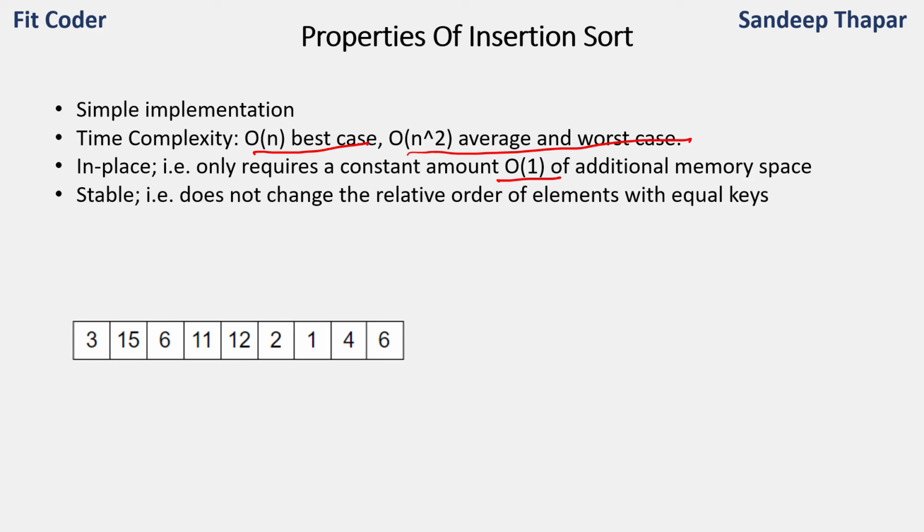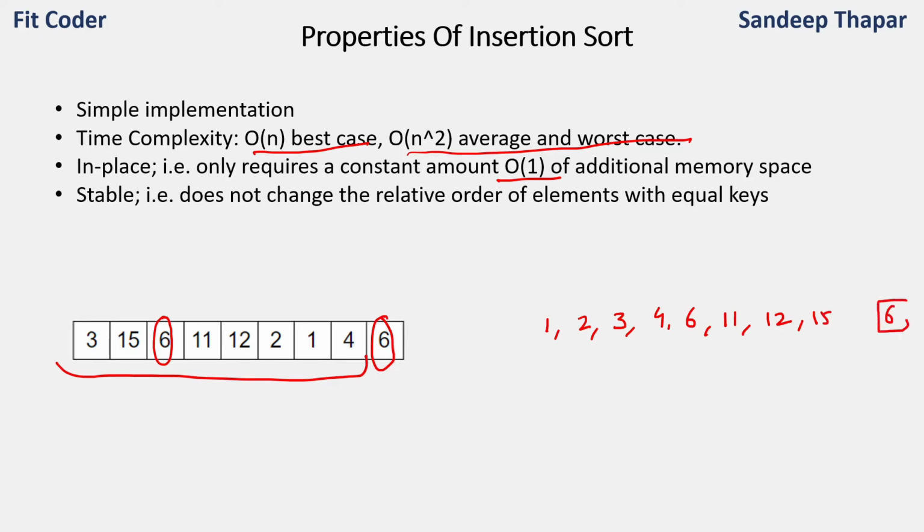So this is stable also. That means it does not change the relative order of elements with equal keys. So we can see in this example that there are two elements with equal keys, which is 6. So when the first part is sorted, we will be left with 1, 2, 3, 4, 6, 11, 12 and 15, and then we'll have to place 6 in its correct position.